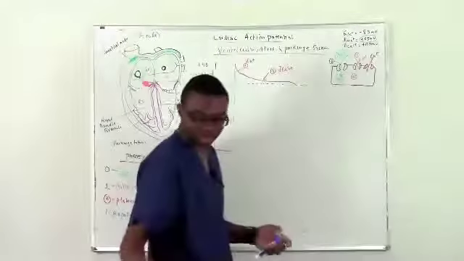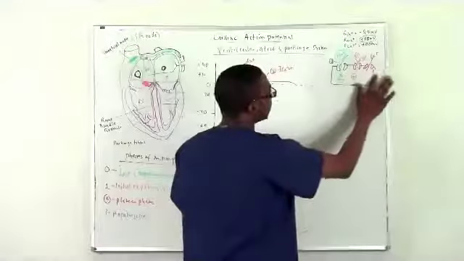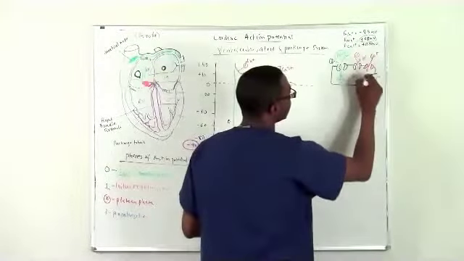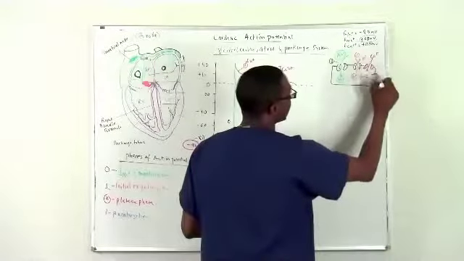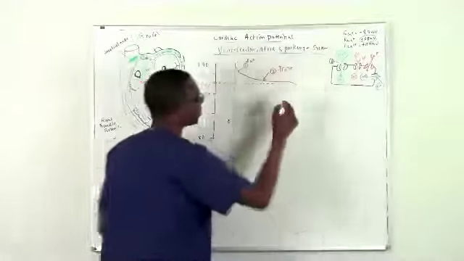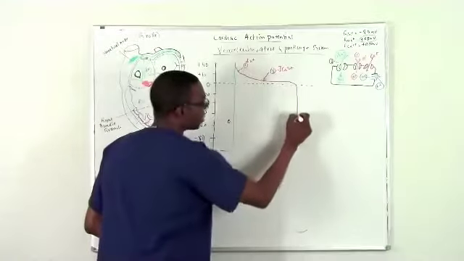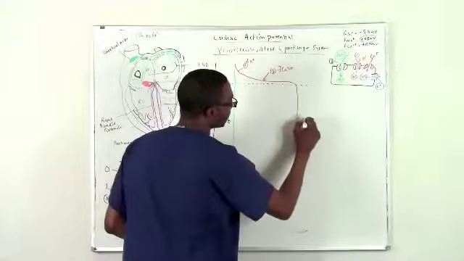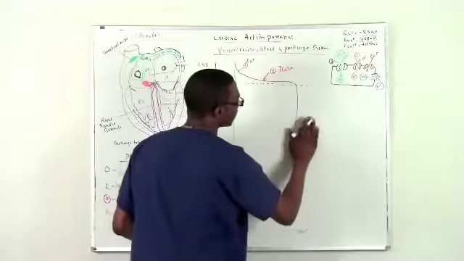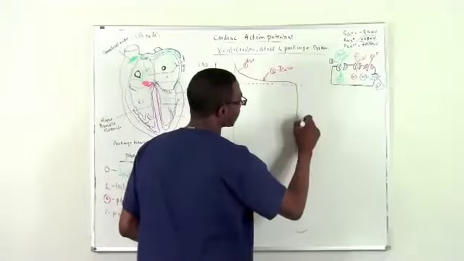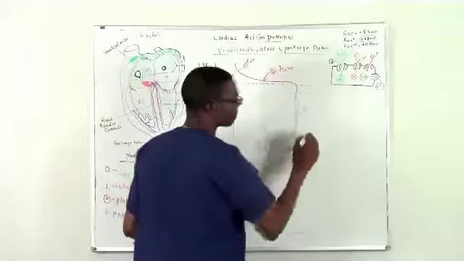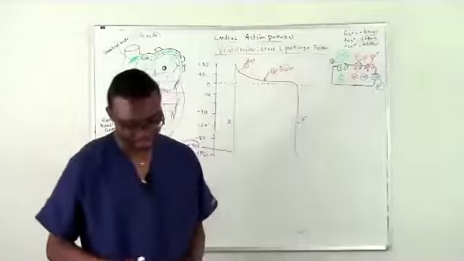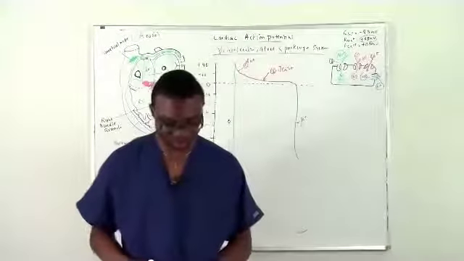And last but not least is when you now get the potassium leaving the cells. When potassium leaves the cell, that is repolarization, efflux of potassium. And that is phase 3 of the cardiac action potential.